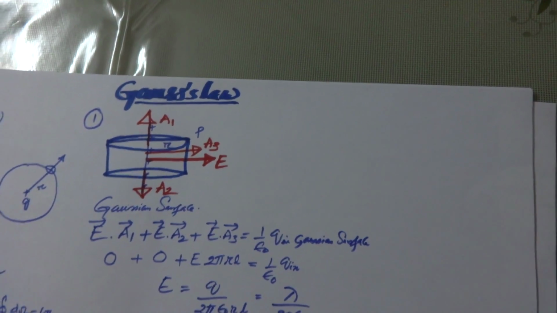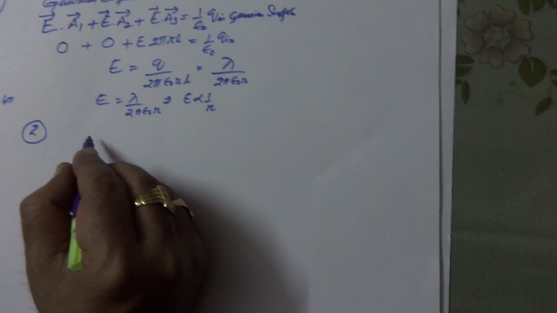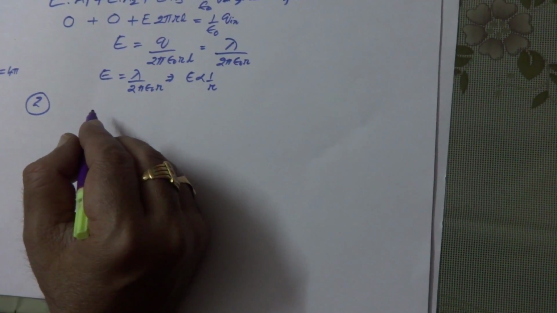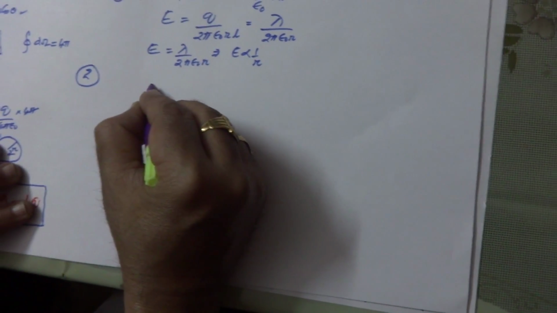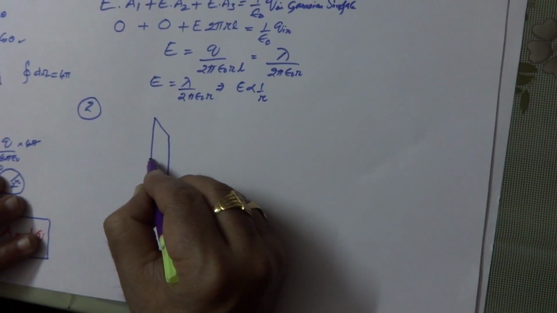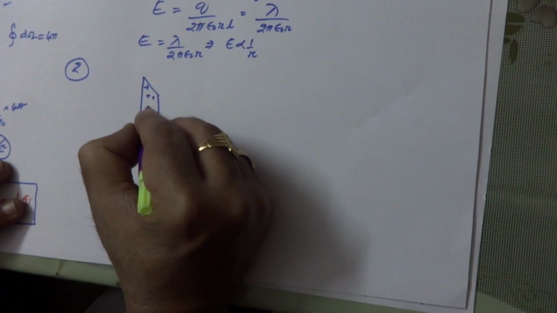Now let's do the second application. Suppose a charged sheet is there, then what should be the electric field? For example, this is the charge sheet and a plus charge is given.